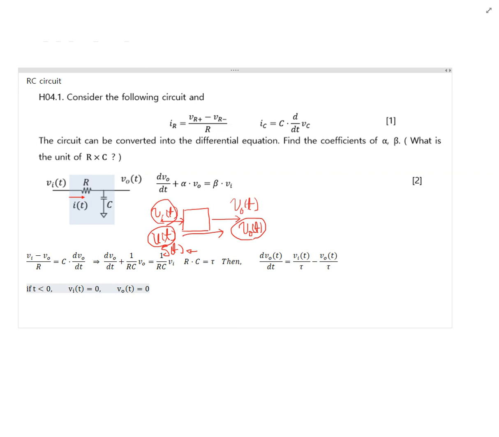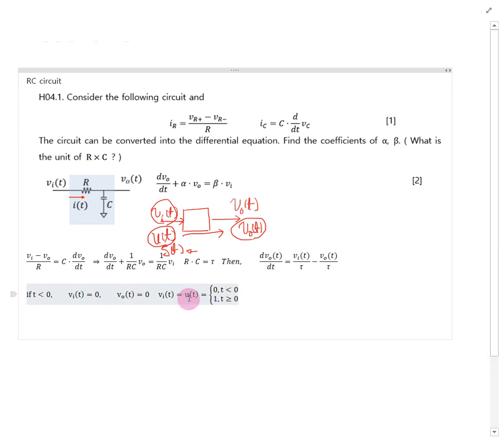And we assume that Vi(t) equals the unit step, which is 0 if t is less than 0, and 1 if t is greater than 0. So we assume the input is a unit step, and before t equals 0, all signals are 0. These are the basic assumptions when we analyze the RC circuit.